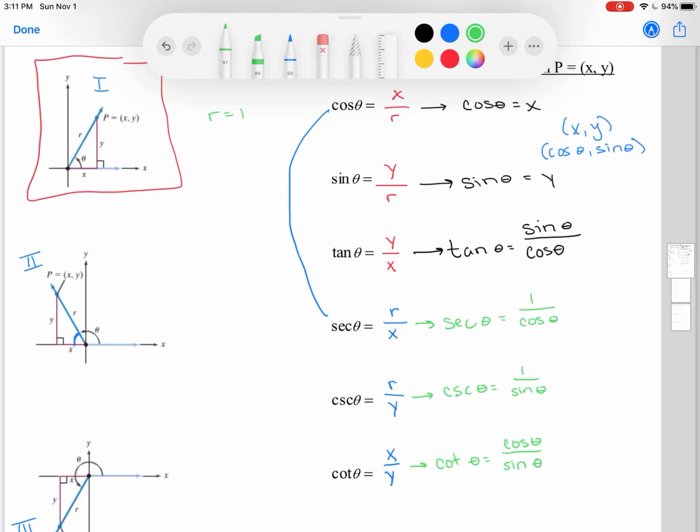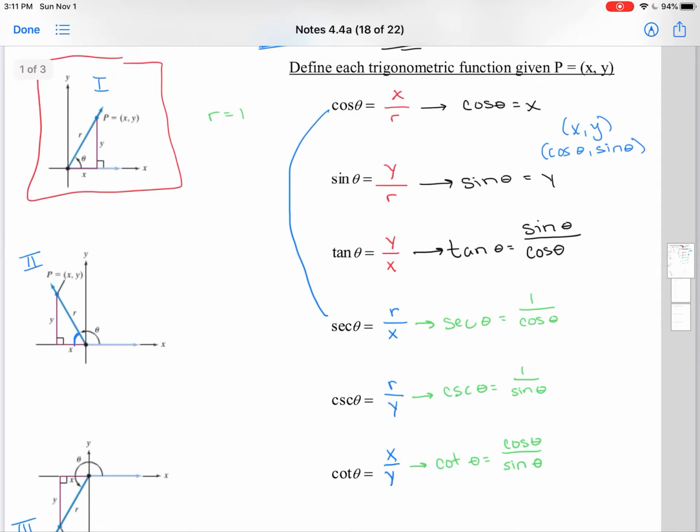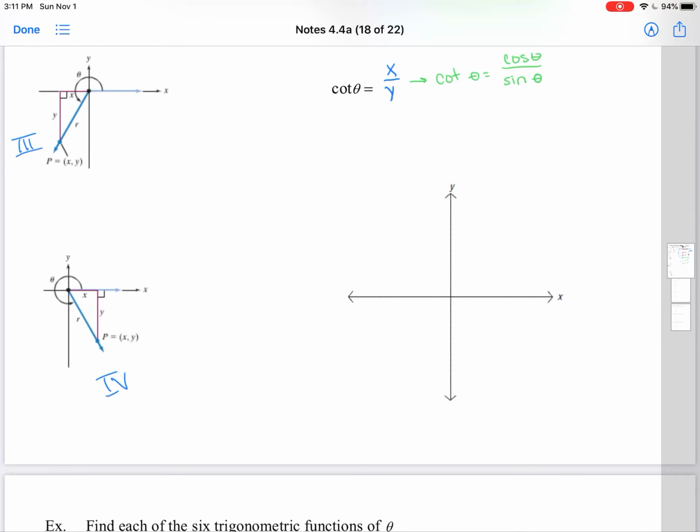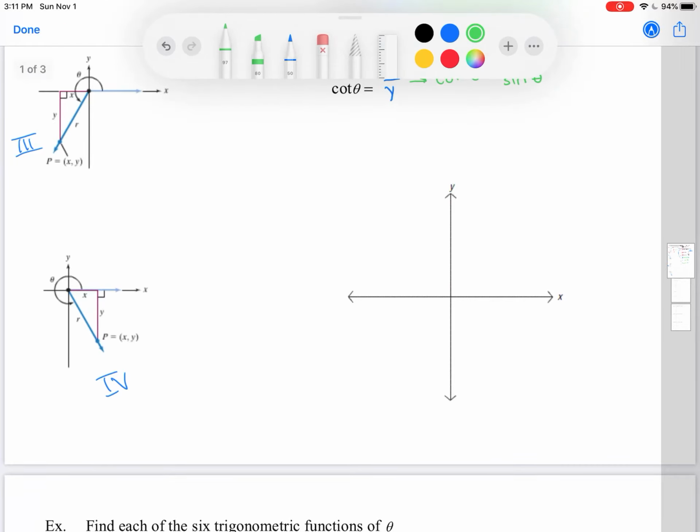And cotangent theta is now cosine theta over sine theta. So all we've done so far is just renamed every single x in terms of cosine, and every single y in terms of sine. That is what's new for today.